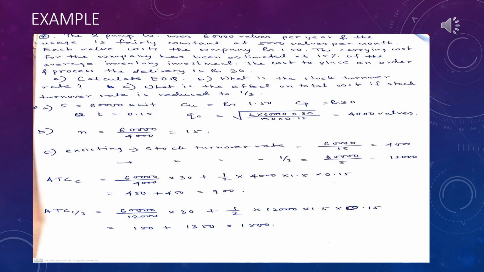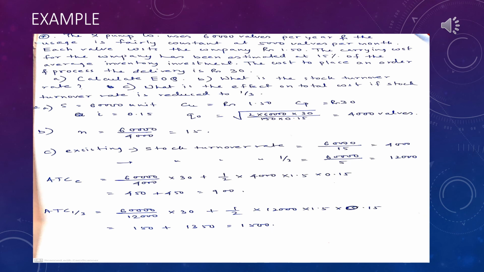But if we don't follow EOQ and don't order at the EOQ quantity, then what happens? The organization is ordering 12,000 units per order, that is, per batch.